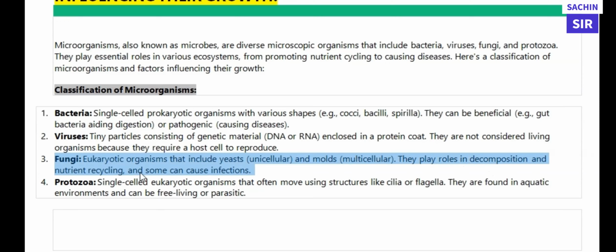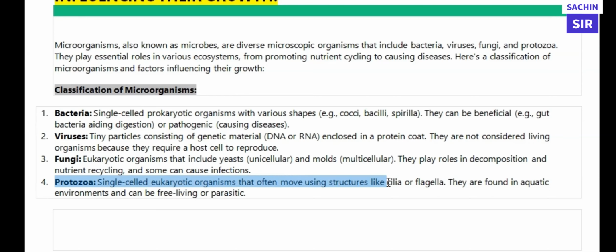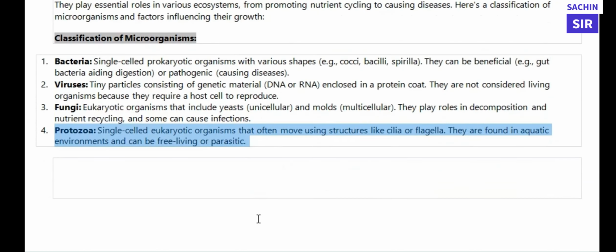They play roles in decomposition and nutrient recycling, and some can cause infections. Protozoa: single-celled eukaryotic organisms that often move using structures like cilia or flagella. They are found in aquatic environments and can be free-living or parasitic.